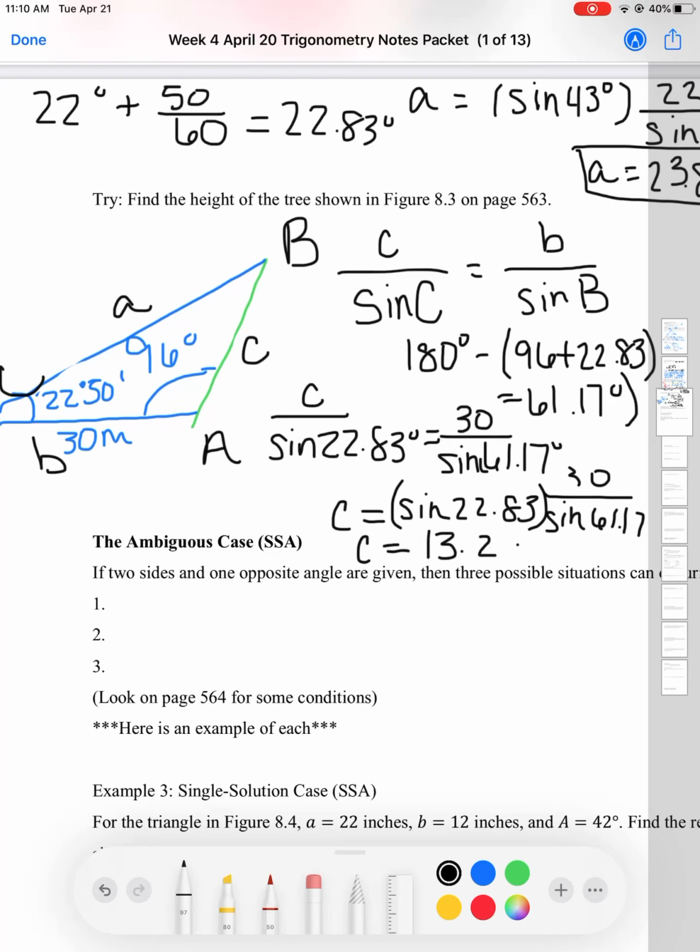So this tree is about 13.29 meters tall. In the next video, we're going to talk about the ambiguous case.